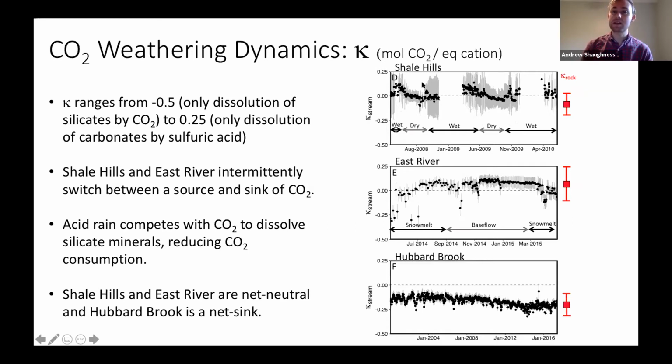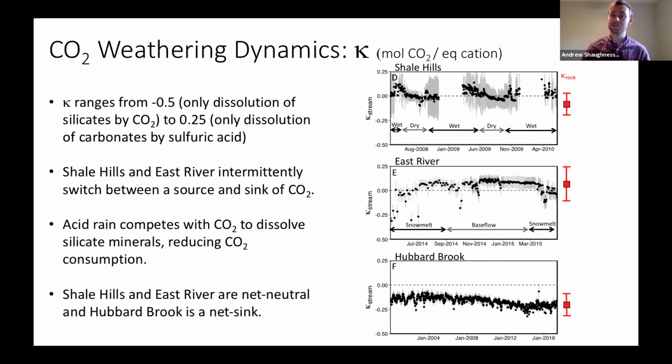What we can see is that at Shale Hills and at East River, we intermittently switch between source and sink for CO2. That, again, is based on the weathering reactions taking place. Interestingly, those switches are actually reversed for Shale Hills and East River in terms of time of year. At East River, during base flow conditions, we find that East River is a source of CO2, and during snowmelt, it becomes a sink for CO2.